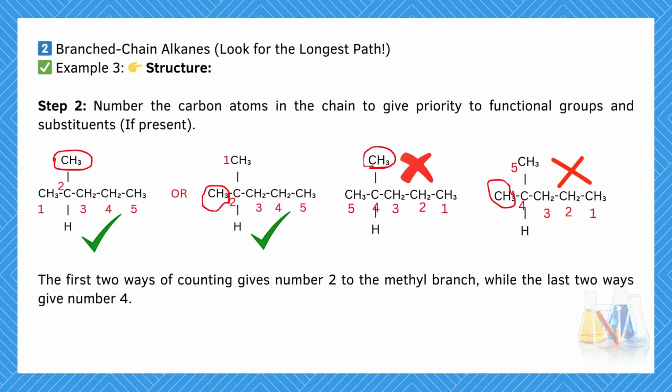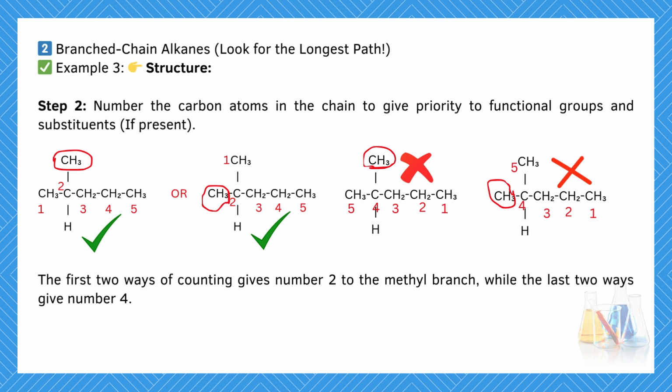Now, step number 2 says number the carbon atoms in the chain to give priority to functional groups and substituents. When they say give priority to functional groups and substituents, it means if there is a substituent present, you are to assign the lowest number that is possible to that substituent. Now look at this. If you check the first drawing that has a green tick on it, you will see a circled CH3.